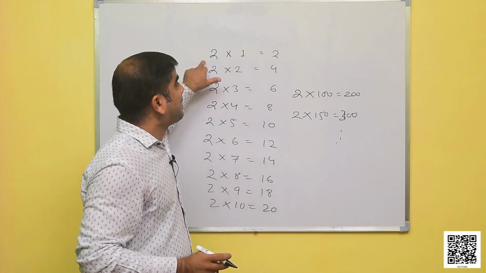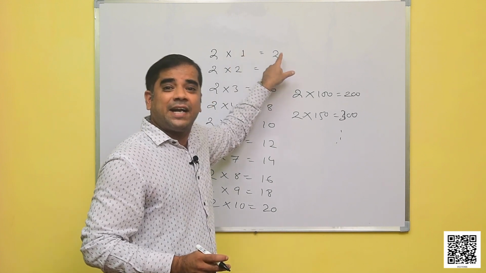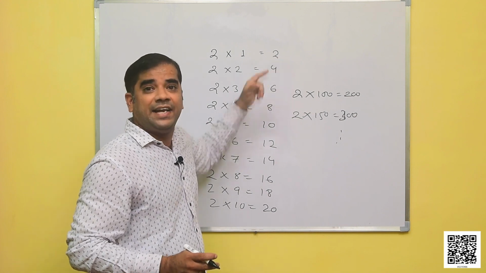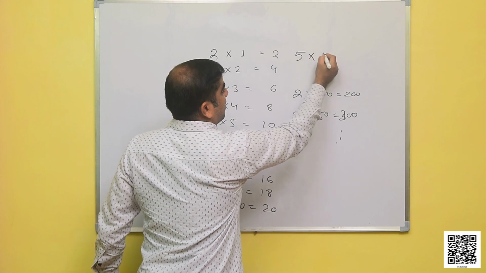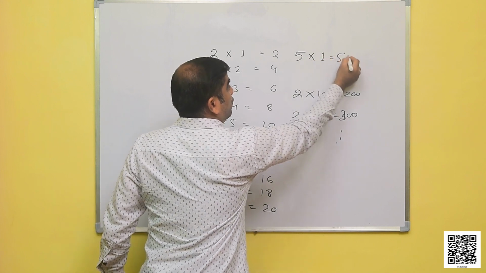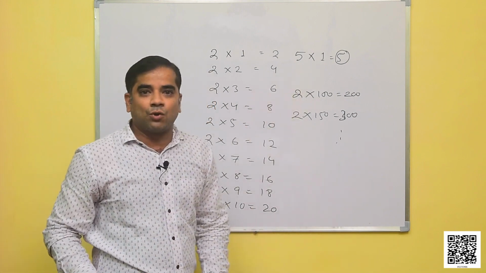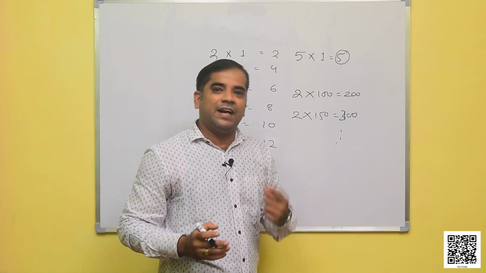When we multiply any number with 1, we get the number itself. So it is the smallest possible multiple of any number. For example, 5. When we multiply 5 with 1, we get 5, which is the smallest multiple of 5. So it is clear that every number is a multiple of itself.